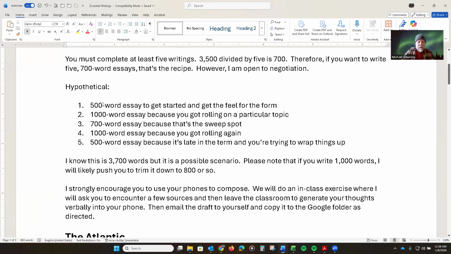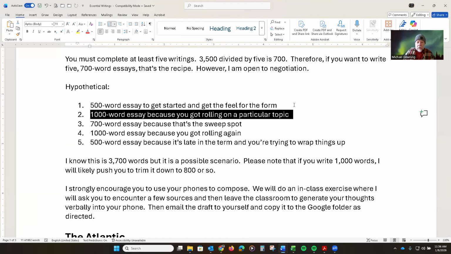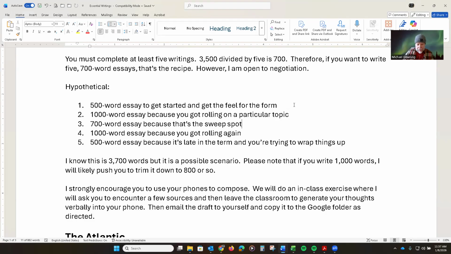Hypothetically, then, a 500-word essay to get started and get the feel for the form without having a lot of pressure. Number two, highlight this. You could then maybe get rolling and write a 1,000-word essay. Beyond that, you could do a 700-word essay because that really is the sweet spot.